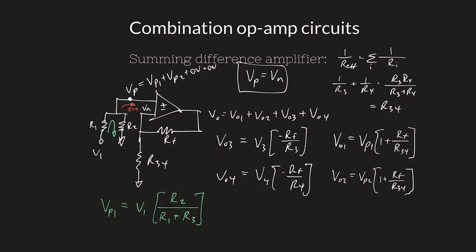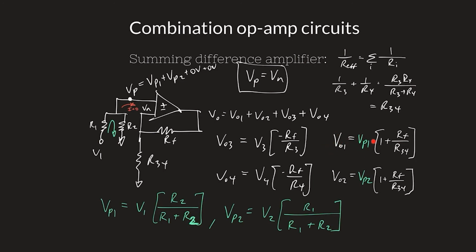The same argument applies for VP2, except now it's when V2 is on, and we have R1 this time that remains. That's the voltage across R1 to ground, and then it's R1 plus R2. I wrote R3 over here. So now we have VO1.